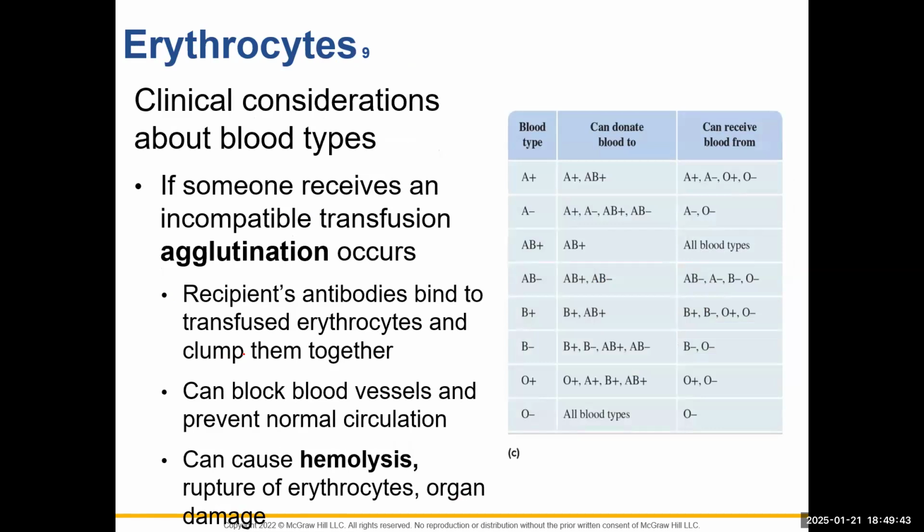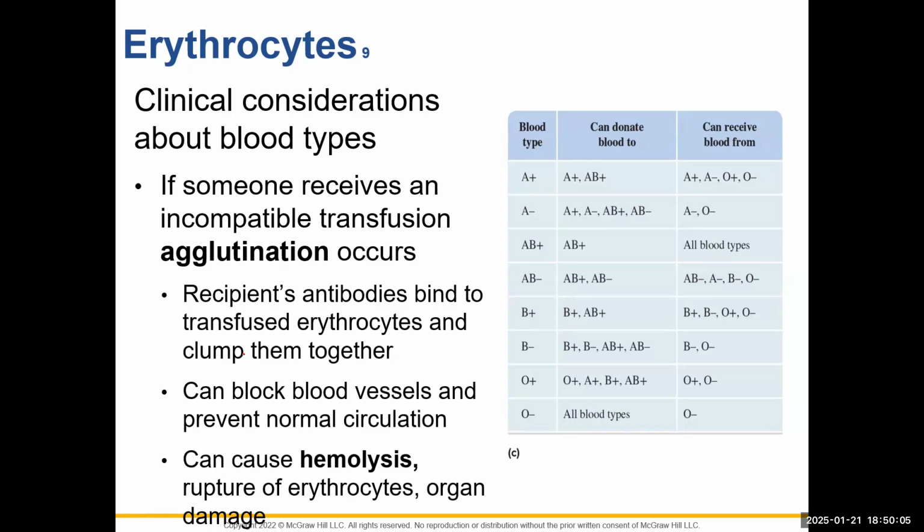I like this slide because it throws in some clinical aspects to blood typing. If you notice on our table, you've got blood type on the left, and then two columns afterwards: can donate blood to, and can receive blood from.